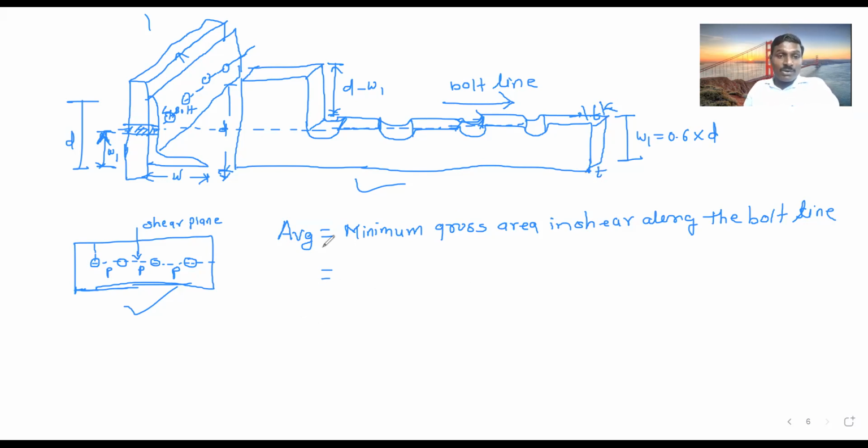Now I am calculating this area, gross area. See this figure, pitch distance P. So here I am writing the formula for calculation of this particular area.